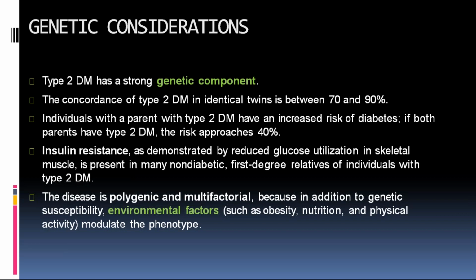Insulin resistance, as demonstrated by reduced glucose utilization in skeletal muscle, is present in many non-diabetic first-degree relatives of individuals with type 2 diabetes mellitus. The disease is polygenic and multifactorial because, in addition to genetic susceptibility, environmental factors such as obesity, nutrition, and physical activity modulate the phenotype.